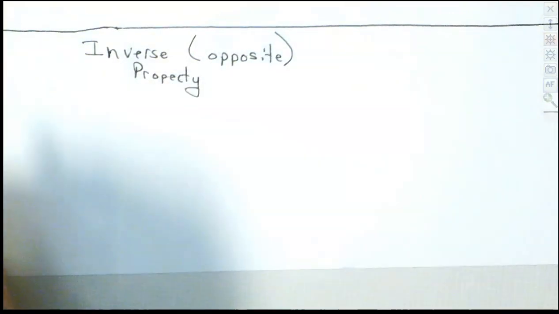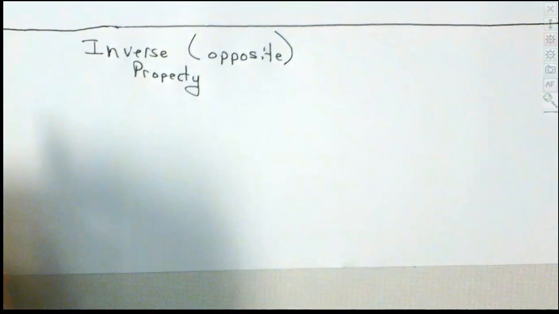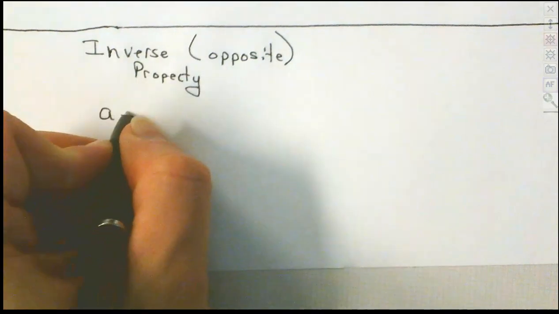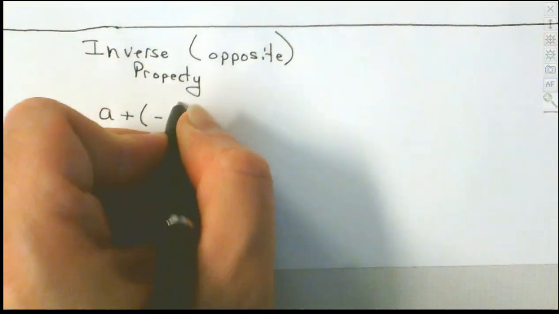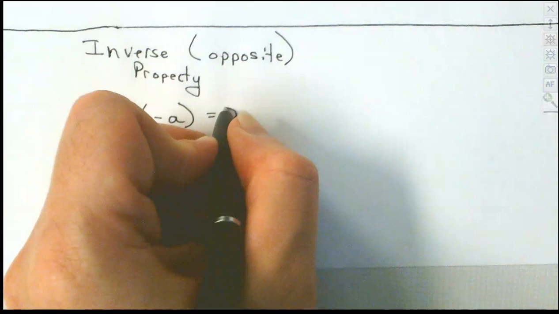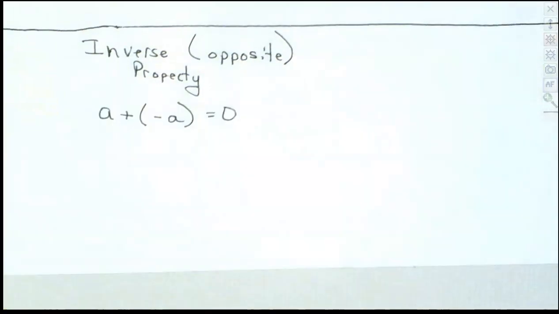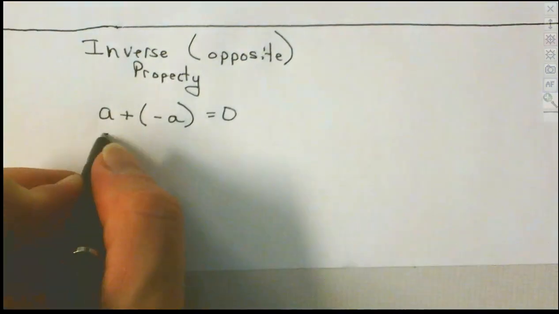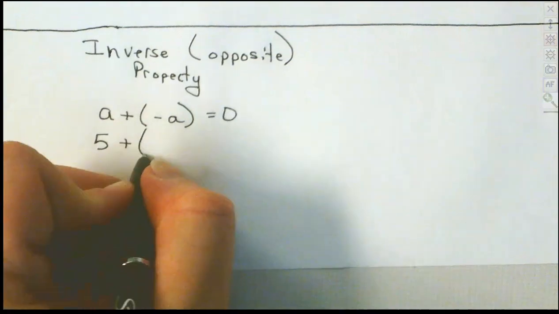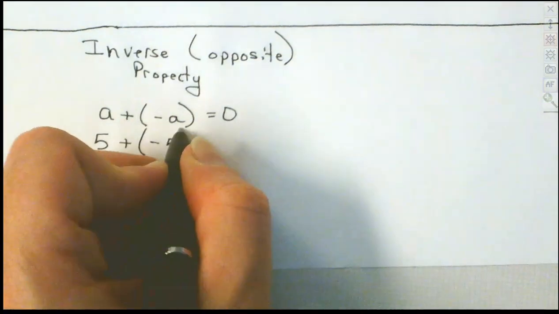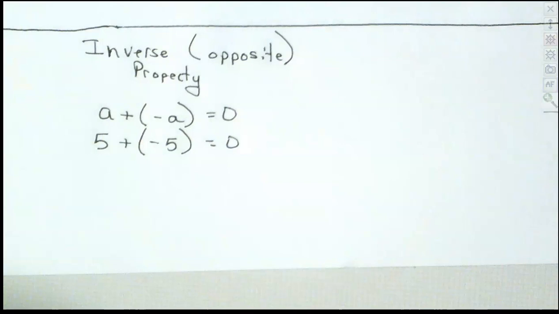Now the inverse, there's a multiplicative inverse, and there's an additive inverse. So when we talk about the additive inverse, we'll do it first. It goes to 0. So the additive inverse is the opposite. So if I had 5, the additive inverse of 5 is negative 5.